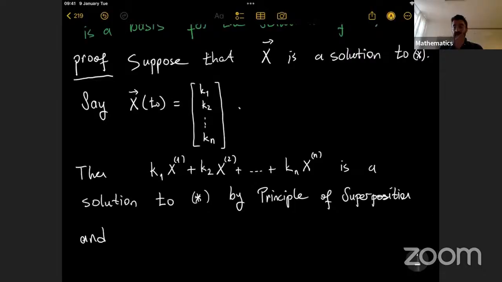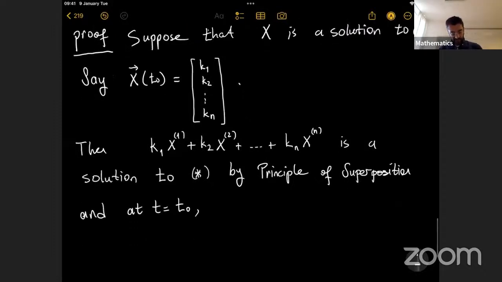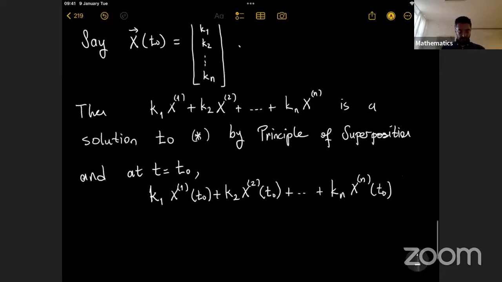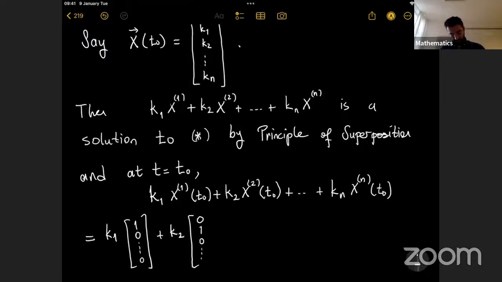And what is the value at t0? At t equal to t0, let's see what we get. k1 x1(t0) plus k2 x2(t0) plus kn xn(t0). Well, x1 is the solution with the initial value (1, 0, 0), and for x2 it is k2 times (0, 1, 0), and you go like this, kn times (0, 0, 1).